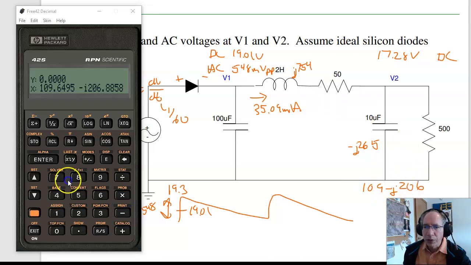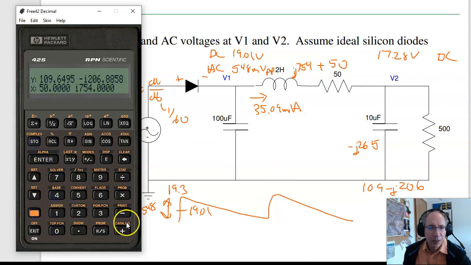Do voltage division. That divided by 50 plus J 754. So the real part's 50, complex part is 754. Those add, take the ratio, that percentage of 0.548. And take the magnitude, 0.225 volts. That's units peak to peak. That's your AC voltage. So that's analysis.